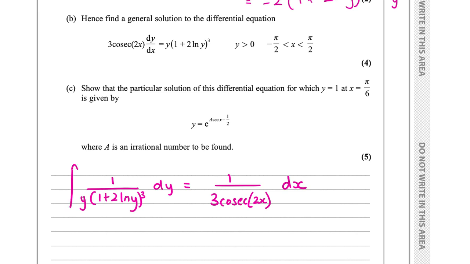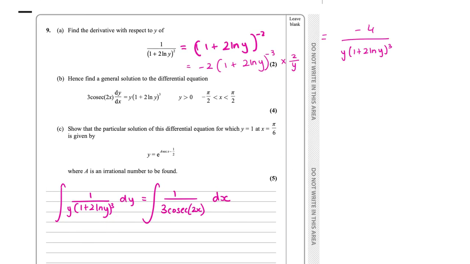Now what do I need to do? Integrate both sides. Now, first of all, we had to differentiate this. And this is what we got. So this is actually integration by inspection. So if I differentiate this and I get this, what's the difference? Yeah, so if you think about it, if I was to integrate this, I'm going to get this.